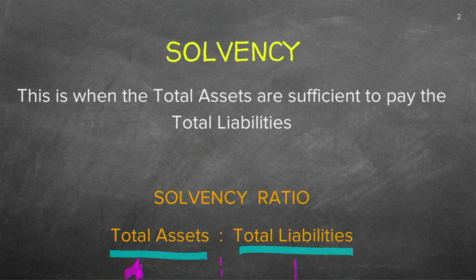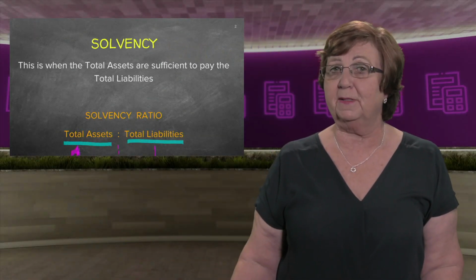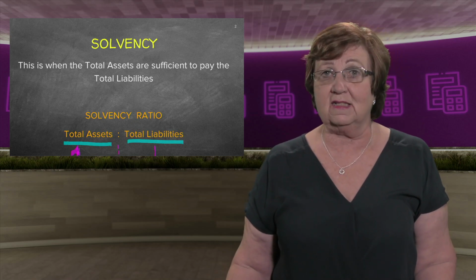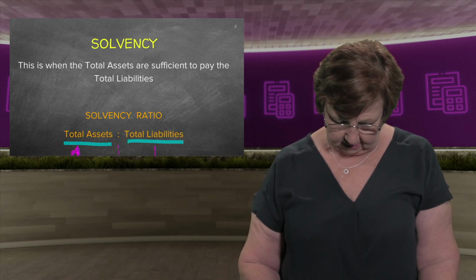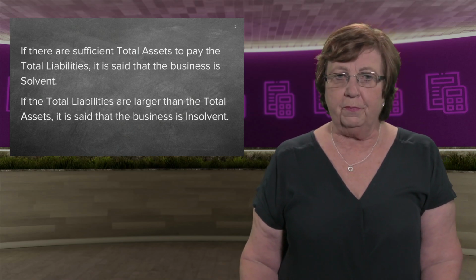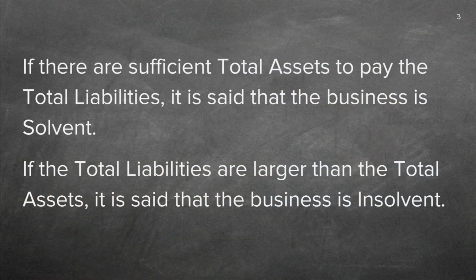It simply means that I have 4 assets for every 1 liability that I have. And so we would say that this business is solvent, simply meaning that there are more assets than there are liabilities.